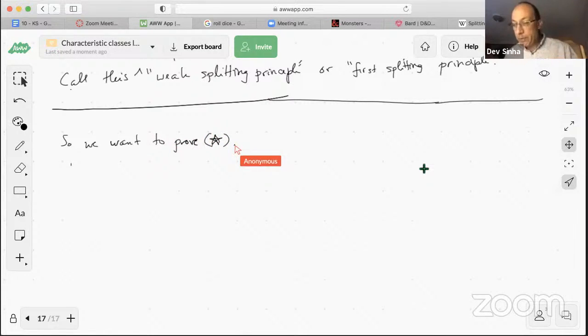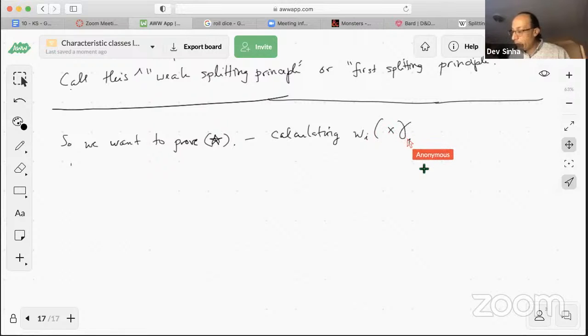That this map sends the ith Stiefel-Whitney class of the Grassmannian to this ith symmetric polynomial, which is really just calculating Wi of the product of line bundles.